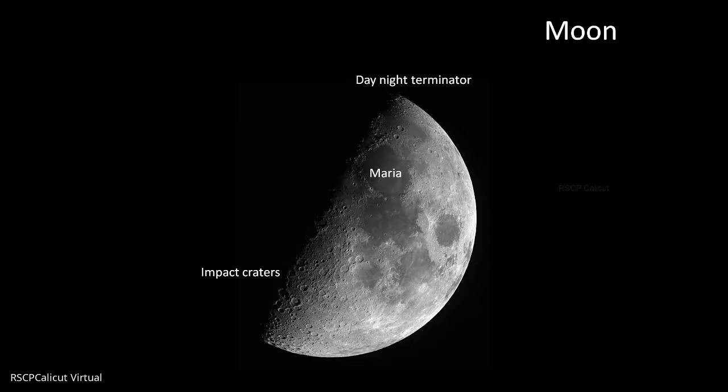You will see that a lot of interesting things are there on the surface of the moon. There are mountains, craters, dark areas, bright areas, and shadows of the mountains.